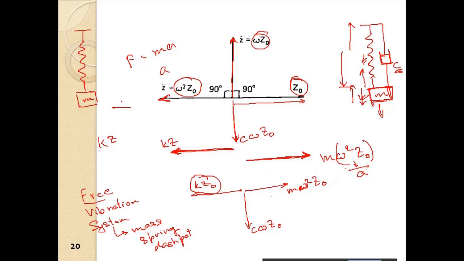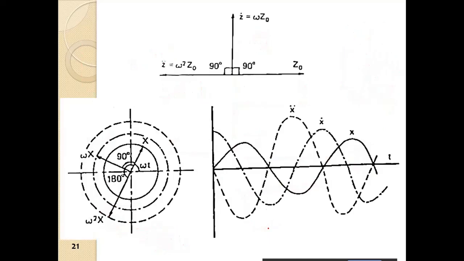And when there is a velocity and there is a dashpot, this dashpot will always oppose the velocity. So the force from the dashpot will always be against the velocity vector. So this is the force from the dashpot system, c into omega z naught.